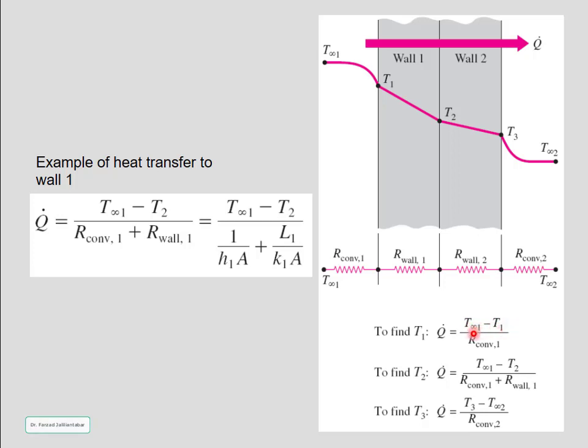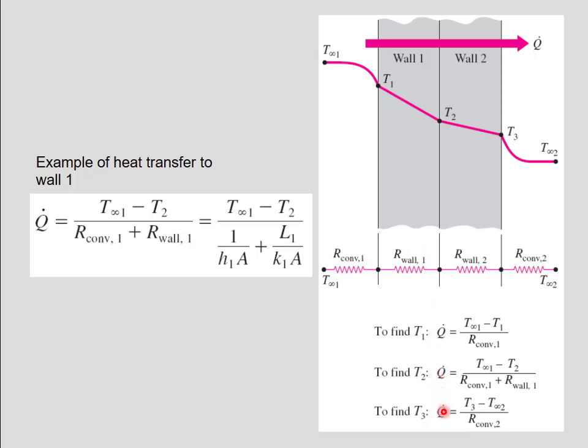Here Ti is T infinity 1 and Tj is T1. For T2, T infinity 1 is Ti and T2 is Tj, and the thermal resistance between I and J is the summation of the convection thermal resistance and the conductive thermal resistance of material number 1 of the wall.